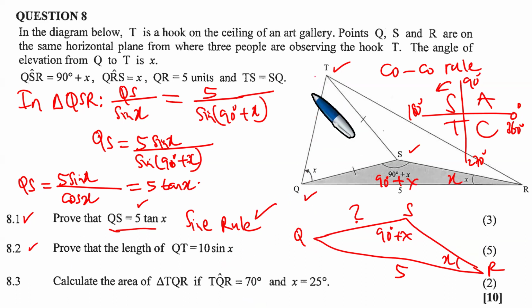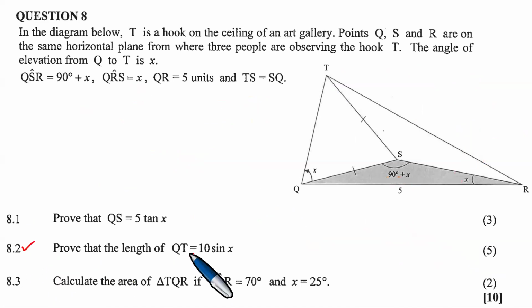What is the length of QT? It's 10 sine x. So I want to prove that the length of QT is 10 sine x. How can you prove this?